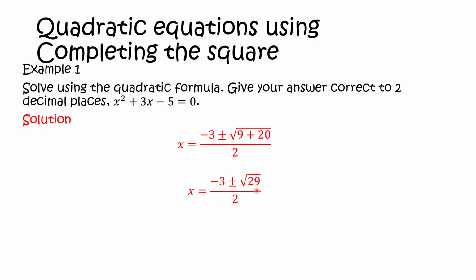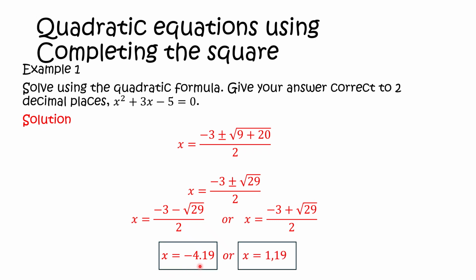We move on to separate the negative and the positive so that we get x is equal to minus 3 minus root 29 over 2, or x having a plus there instead. So since our answer is meant to be to 2 decimal places, simplifying further, we are going to have x is equal to minus 4.19, or x is equal to 1.19.